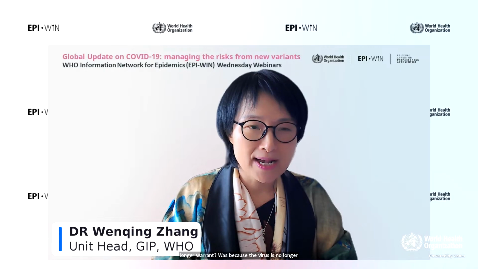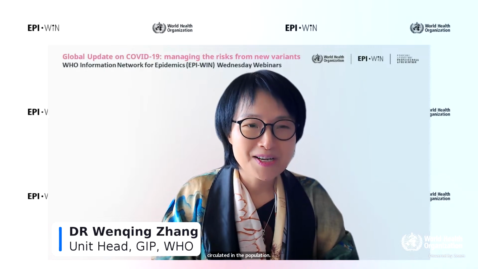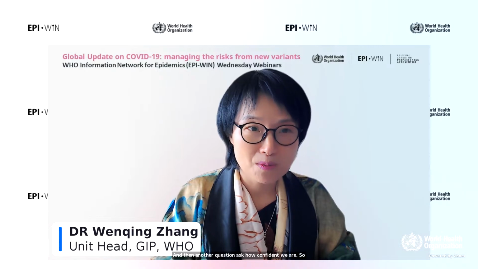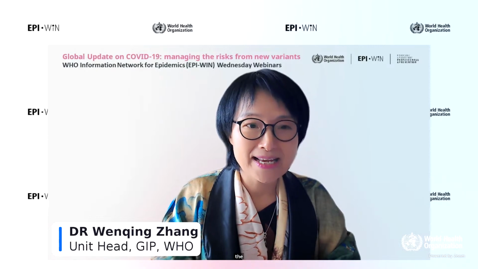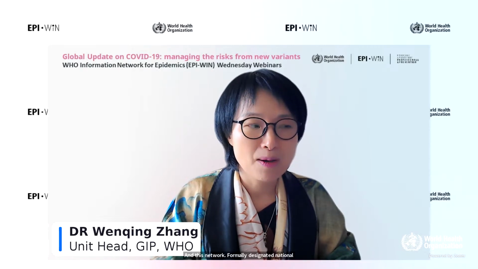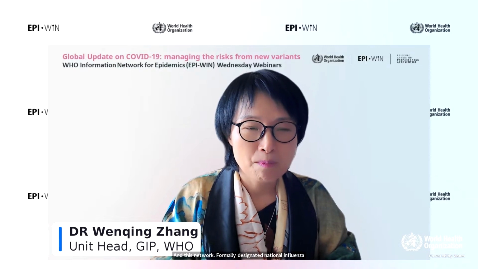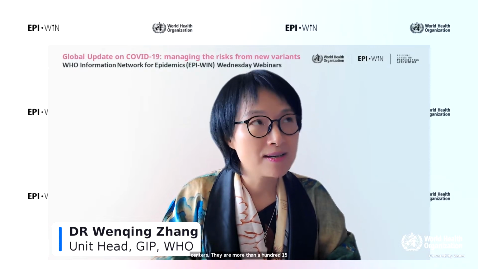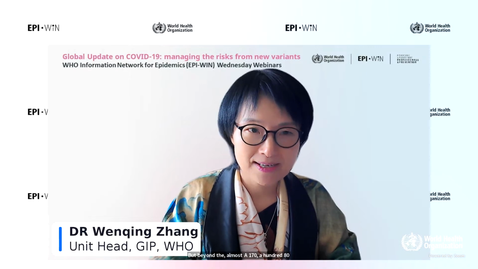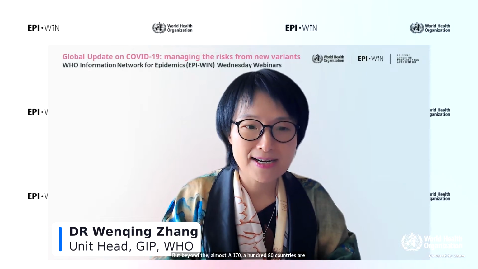And then another question asked how confident we are. So the influenza surveillance is conducted by this global network. And this network is formally designated national influenza centres. They are more than 150. But beyond those, almost 170, 180 countries are contributing to the influenza virus surveillance globally.